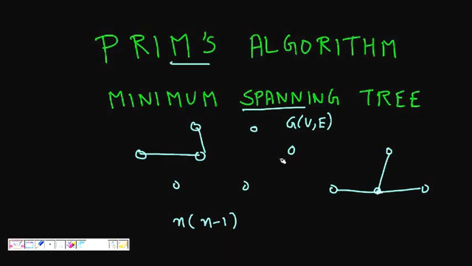For example, in this graph A, B, C, D, these three edges constitute a spanning tree, because it joins all the four nodes.